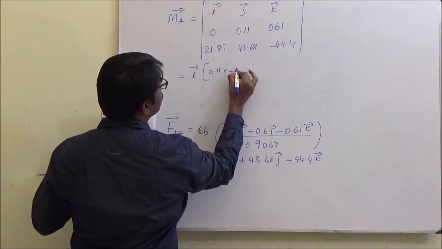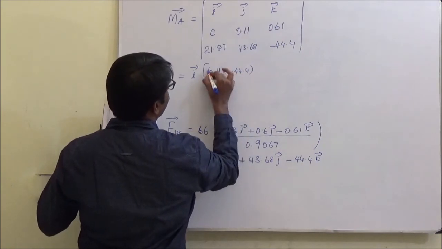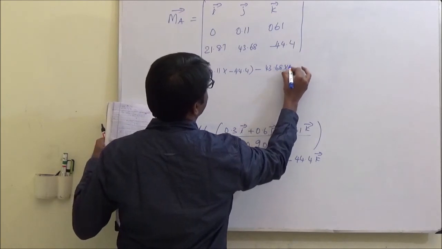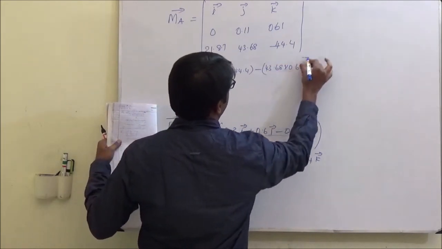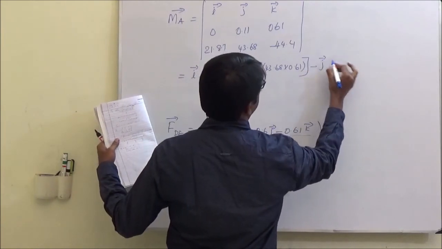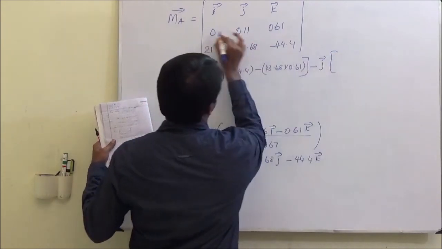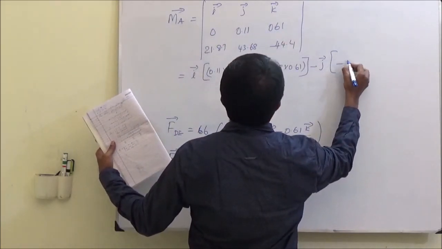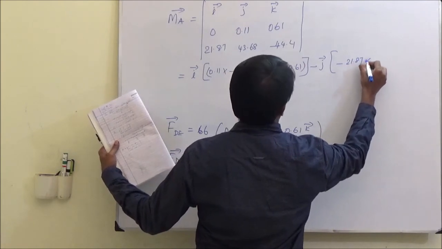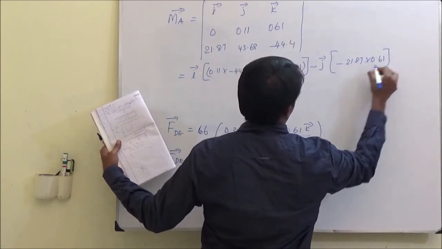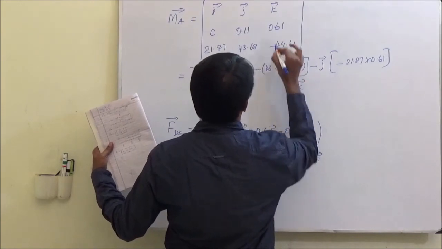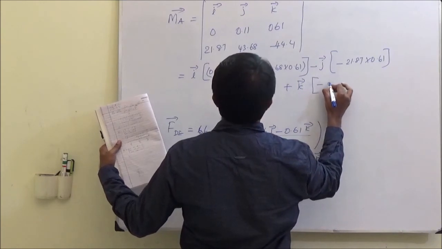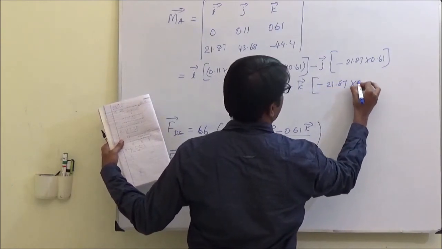Finding this cross multiplication, i vector: 0.11 into minus 44.4 minus 43.68 into 0.61, minus j vector: this is 0 and this is 0 minus 21.87 into 0.61, plus k vector: this is 0 and again it is minus 21.87 into 0.11.